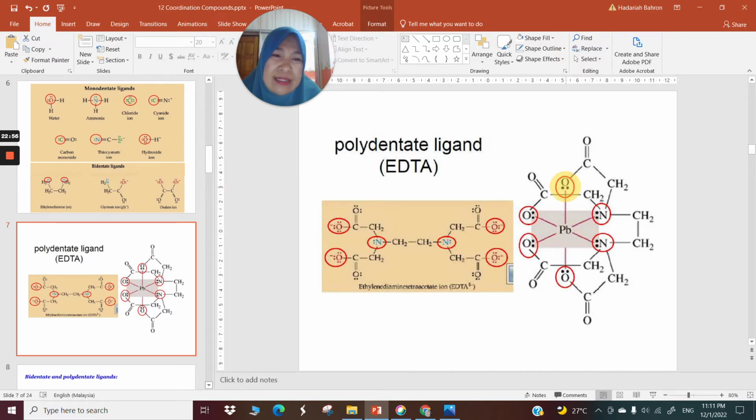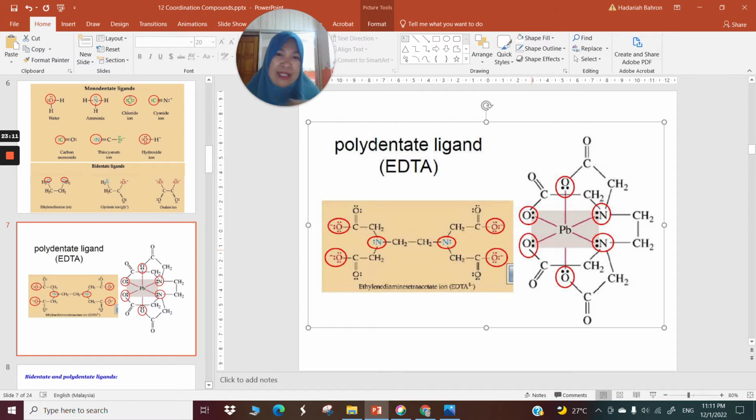One acetate from the top, the second acetate from the bottom, the third acetate from the left behind, and the fourth acetate from the front on the left. So 1, 2, 3, and 4, 5, and 6. Six donor atoms totally surrounding that lead.